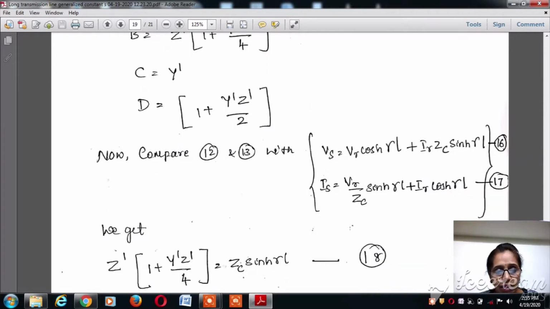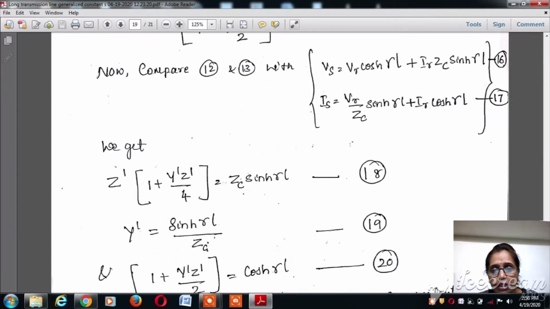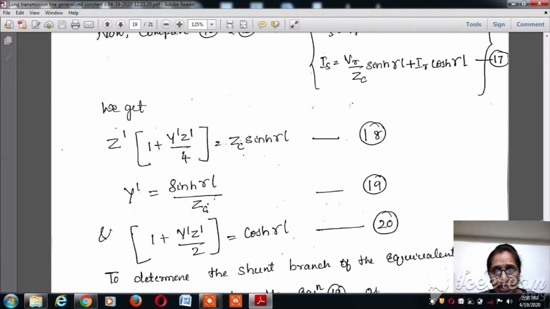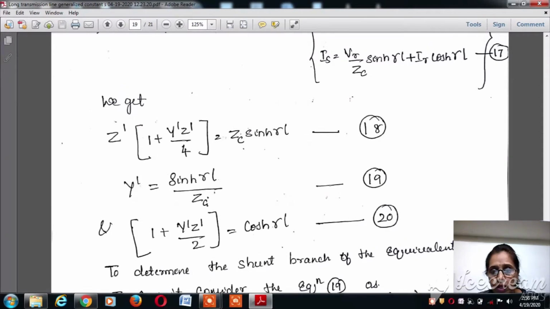B is nothing but equal to z' into (1 plus y' z' divided by 4), that is equal to Zc into sinh gamma L. So now y' is equal to sinh gamma L divided by Zc. Now equation 19, and 1 plus y' z' divided by 2 is equal to cosh gamma L, equation 20.